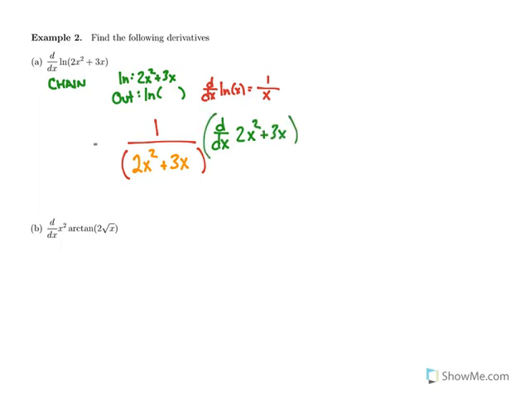That is the chain rule, those three steps. So we can write this as the derivative of 2x squared plus 3x, which is 4x plus 3, all over 2x squared plus 3x. There is our derivative.